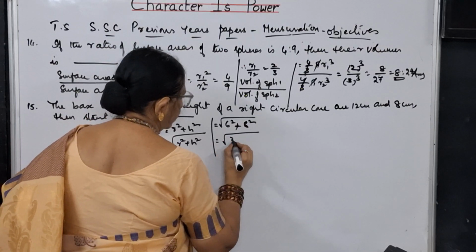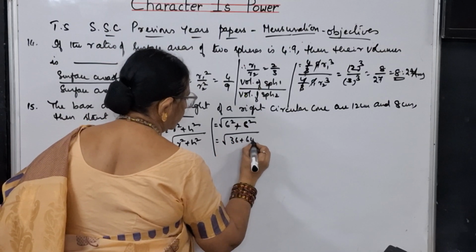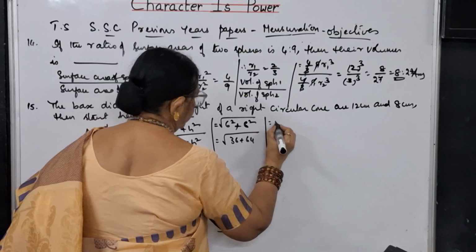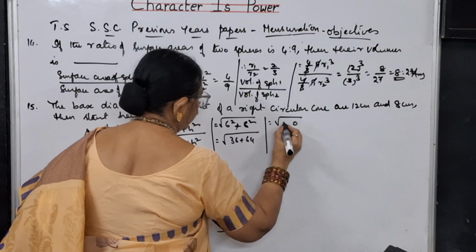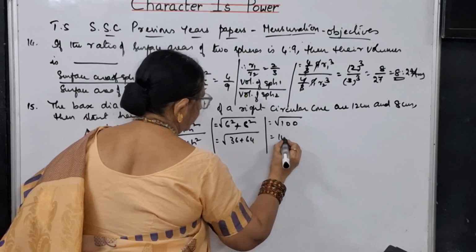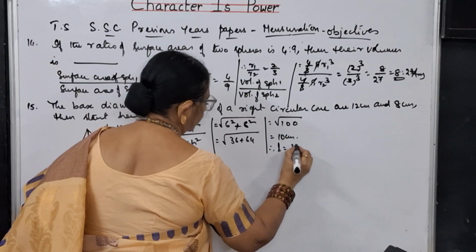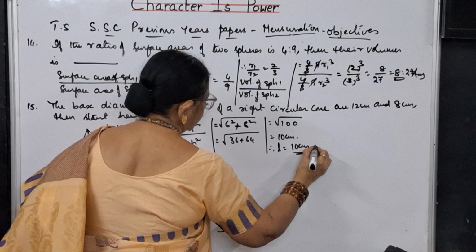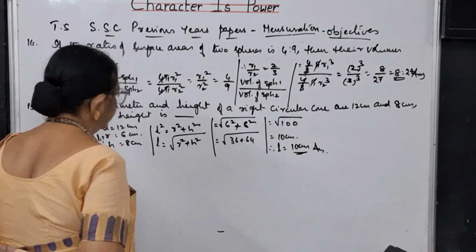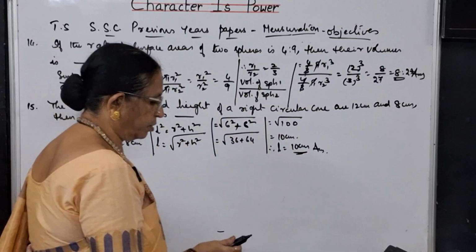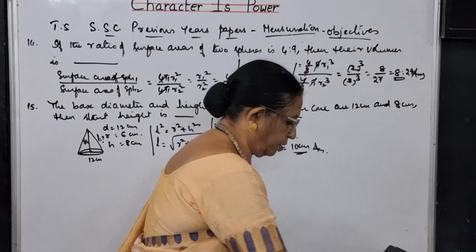Root of 36 plus 64. That is equal to root of 100. 10 centimeters. Therefore, slant height L is equal to 10 centimeters is the answer. Please copy it, children.